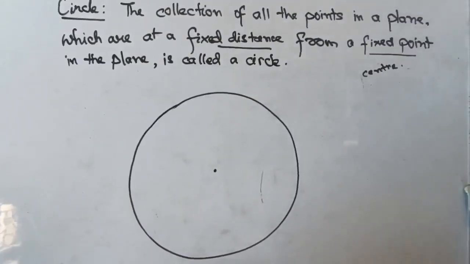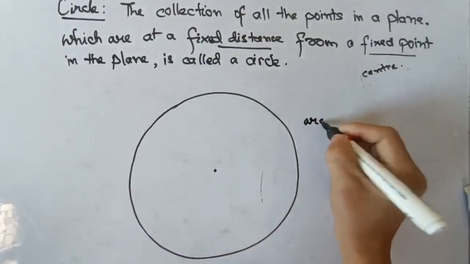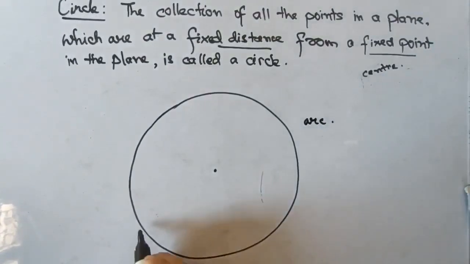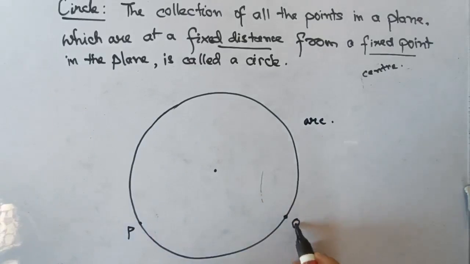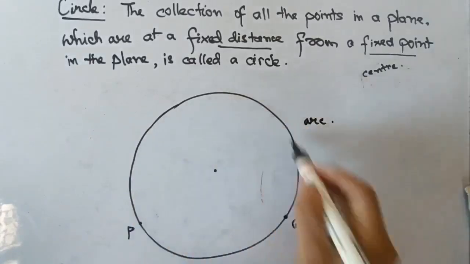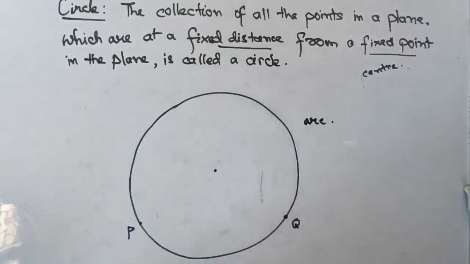Next, we will study the arc of a circle. Again, let us consider 2 points on the circle, point P and Q. These 2 points P and Q divide the circle into 2 pieces. Each piece of a circle between 2 points is called an arc.